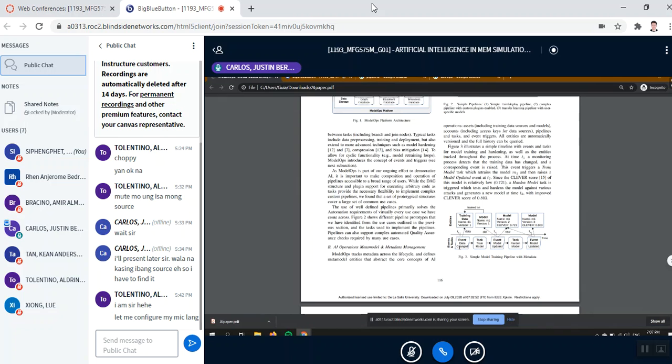So for this simple pipeline, for the event, the data needs to be changed first. So there should be like a data input or something. And this data will then be stored to an entity called the training data. Then afterwards, a task will be used to carry out to train the model, which will then lead to another event, which is the updating of the model. And the model will be updated and constantly trained using the training data that was stored previously.